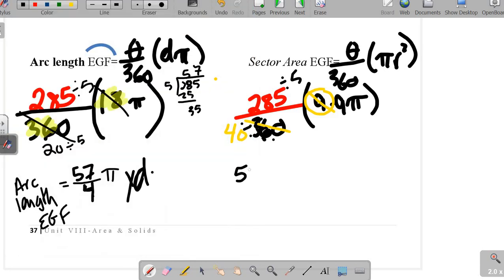So this is going to be 57 over 8 times 9 pi. Come over here, 9 times 57.